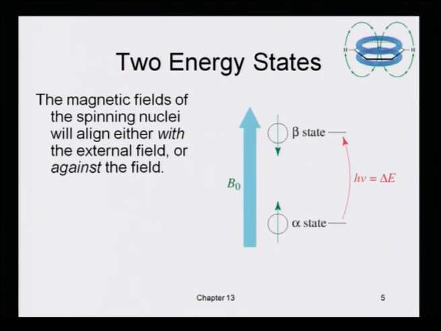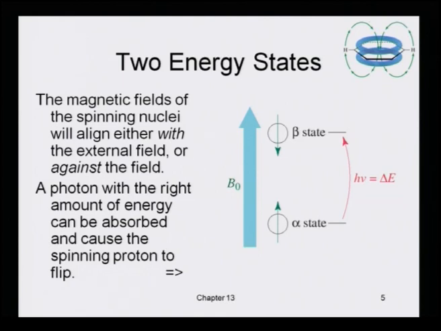Remember, we were talking about a small magnet that was generated because the nucleus was spinning, and the spin comes from an odd number of nucleons. It will either align with the external field or be against the field. That is what creates the two energy states.